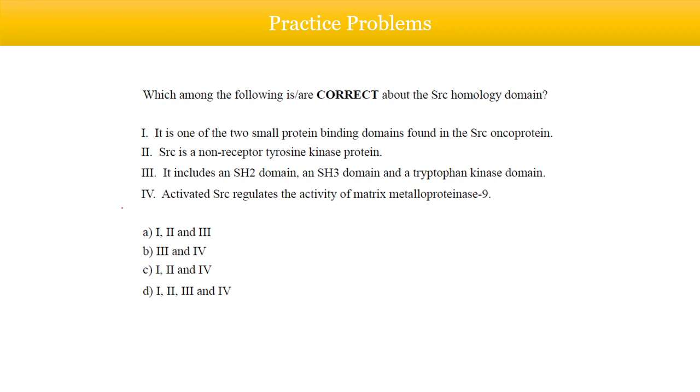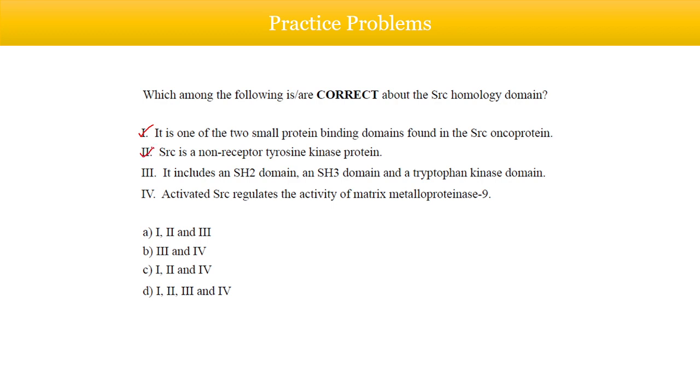If we go back a few slides, you can understand that the SRC homology domain is one of the two small protein binding domains found in the SRC oncoprotein. So this is correct. And it is a non-receptor tyrosine kinase protein which is encoded in humans by the SRC gene. So 1 and 2 are correct.